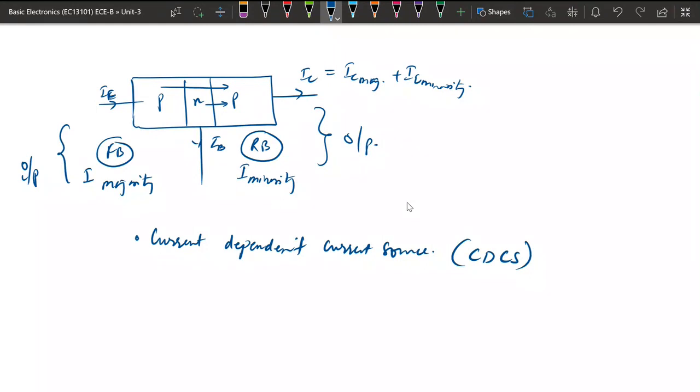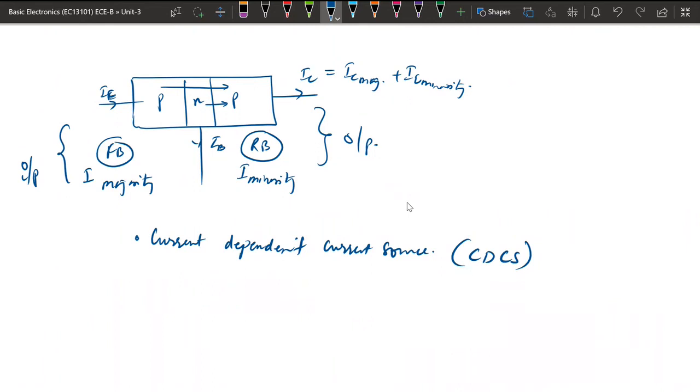Once we bias the transistor such that the input region is forward biased and the output terminal is reverse biased, then the transistor will be operating in active mode, and in active mode the amplification can take place, and we will be getting the amplification as the current gain, because the input is also current and output is also current. So the current gain we will be finding out.